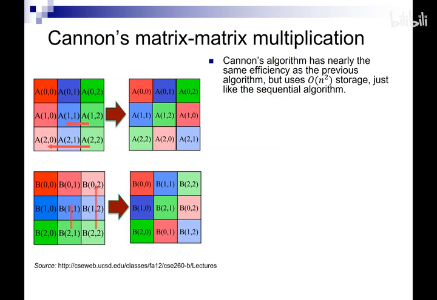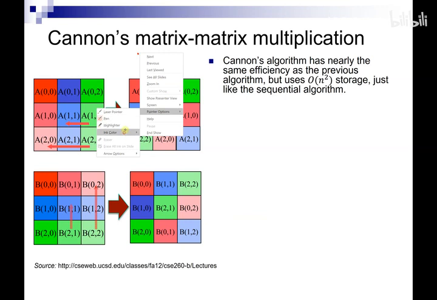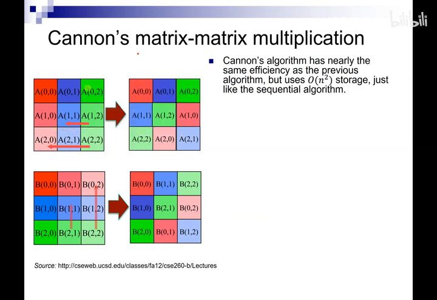The reason we do this is because now if you look at the computation that you need to do, you need to take this first row of blocks and multiply by the first column of blocks in order to get this value of the output.